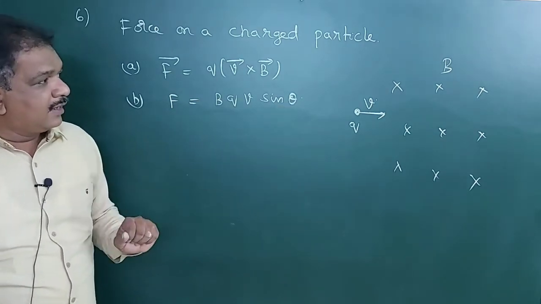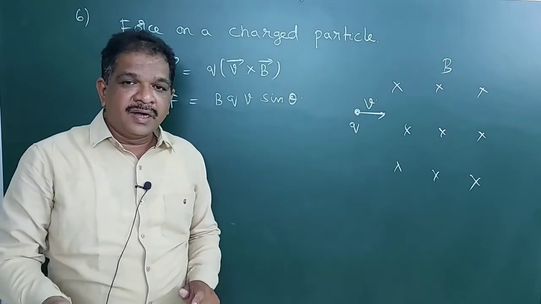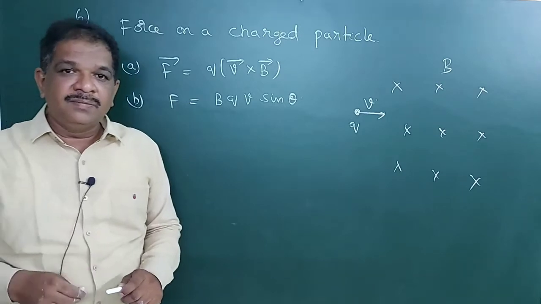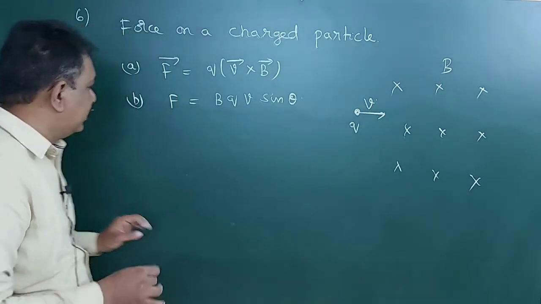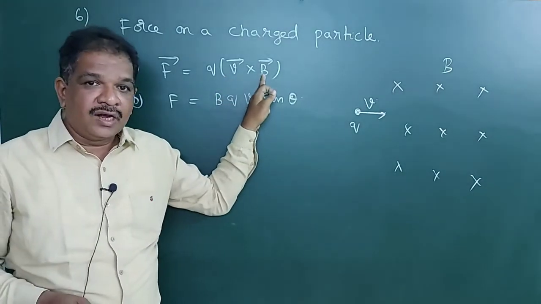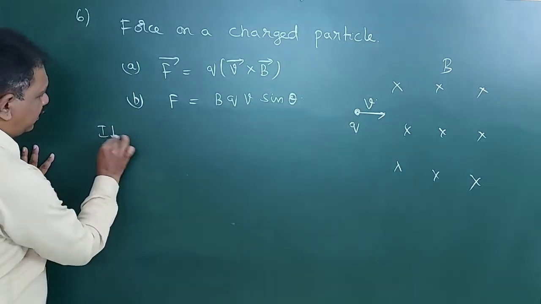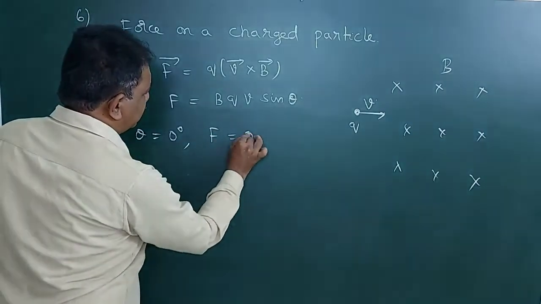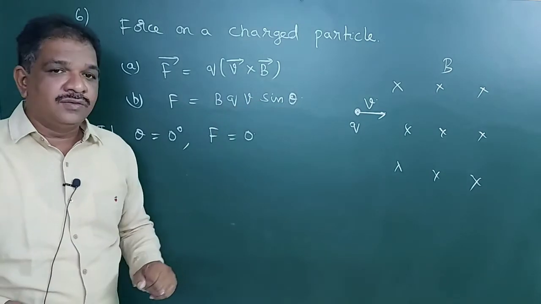Depending on this angle, its path may be circular, its path may be helical, its path may be a straight line. What is the angle here? Angle between velocity and magnetic field. If theta is equal to 0 degrees, F is equal to 0. Sin 0 is 0.